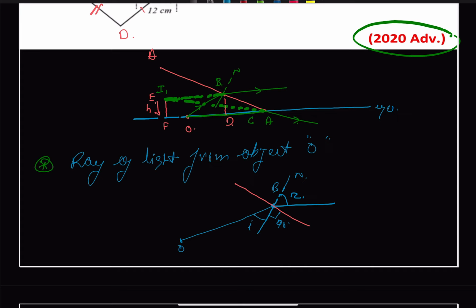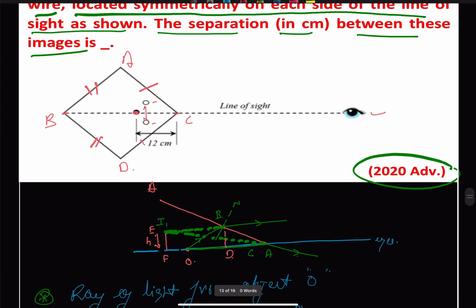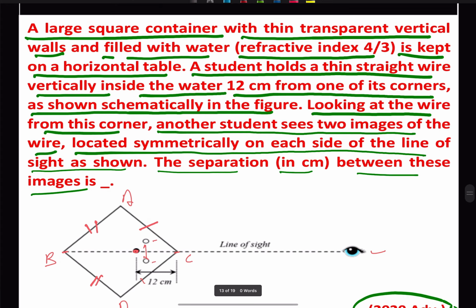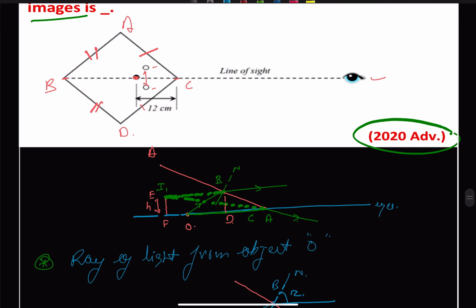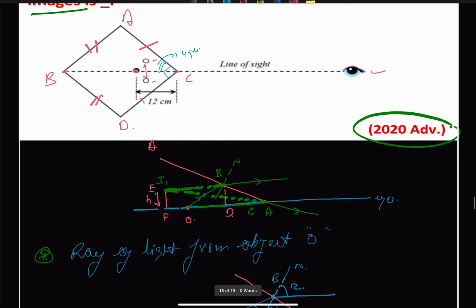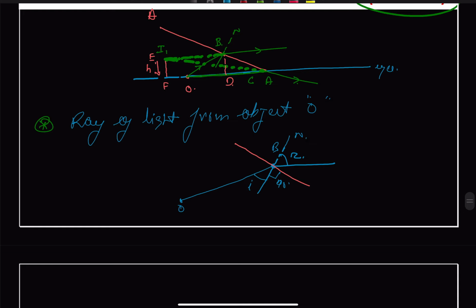So therefore you can say that this is given to us as a square. So sides of the square are 90 degree, so this will be our entire 90 degree, and we get from here that this angle will be 45 degree.